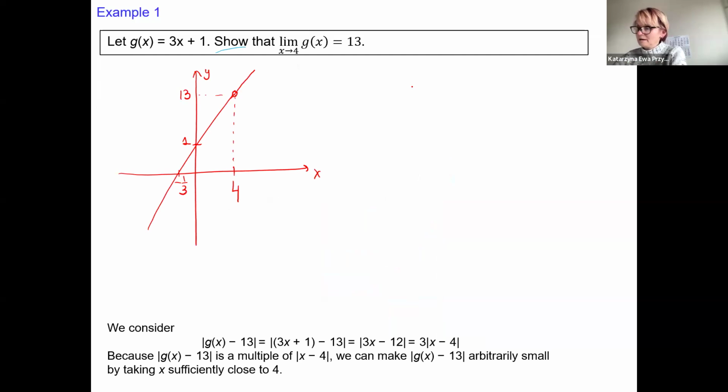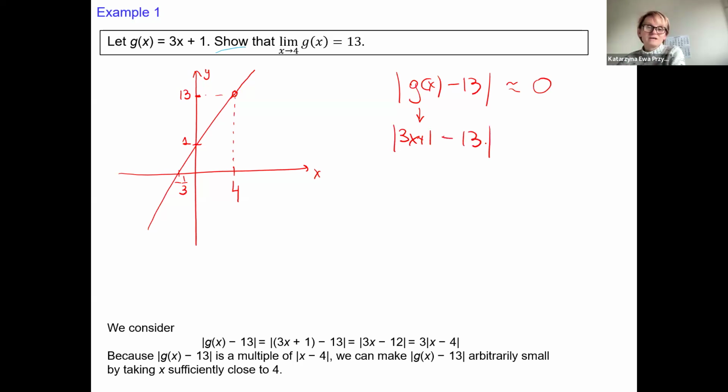Let's see. Because this is g of x, when I take the function g of x and subtract 13, I'm supposed to get that distance small. Makes sense? Because the limit means that the value minus the limit is almost 0. If I substitute the formula, how do we know that this is almost 0? Let's see.